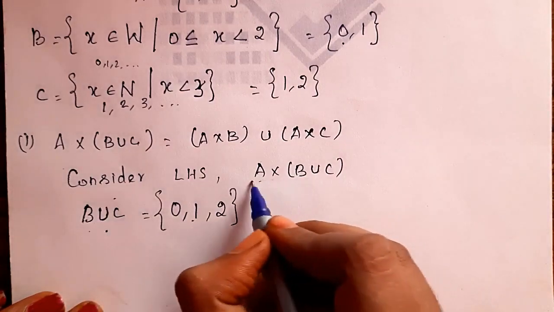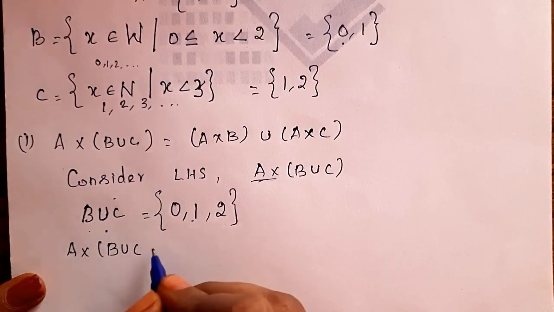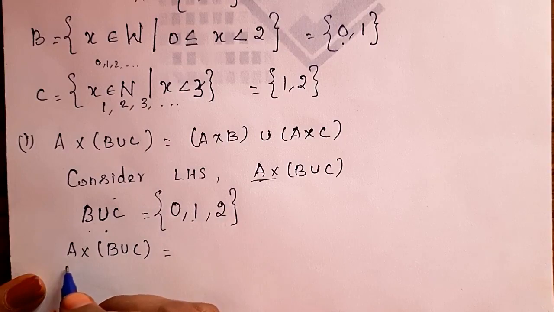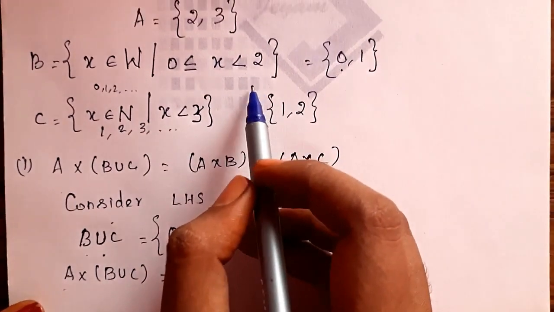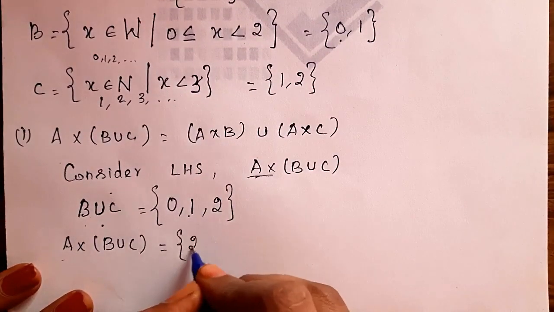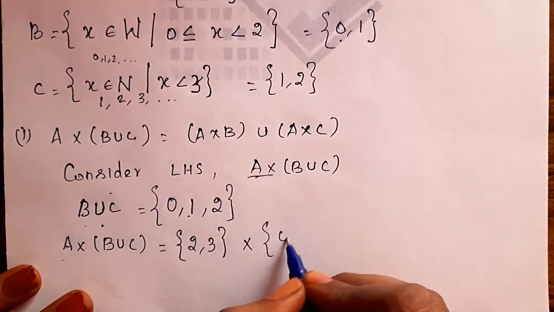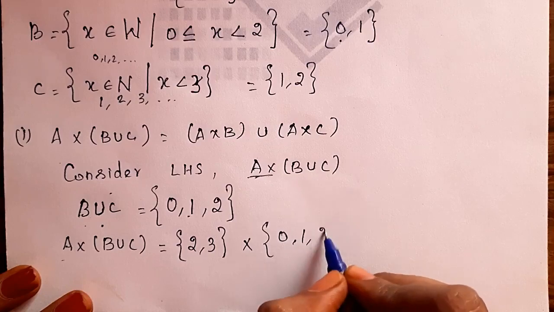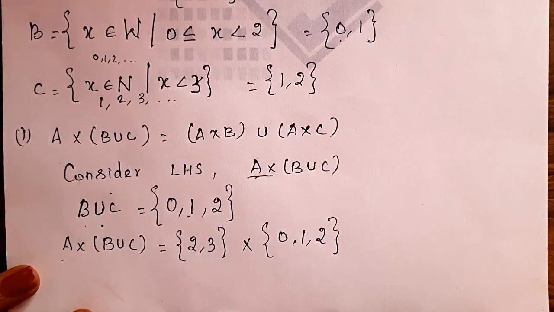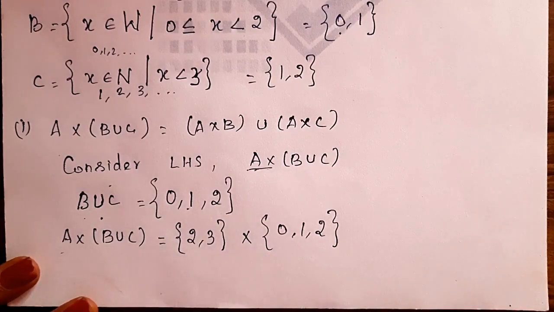Next, we can include this cross. So now A cross (B union C). What is A? Just write A. A is 2, 3. So the set 2, 3 cross the set 0, 1, 2. We are going to find the cross product. That means all the elements will be paired.